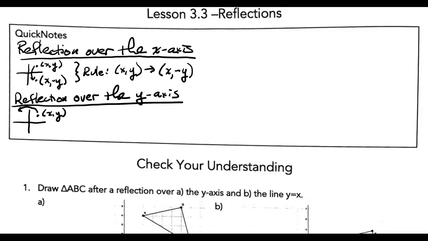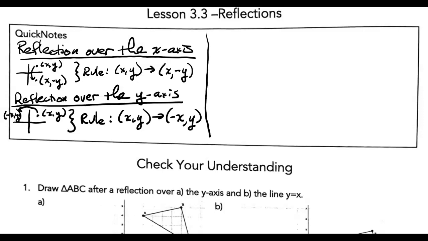Now we're going to flip it over to here, and you can see we're up the same amount this time, but now we're going from a positive x to a negative x. So we have negative x comma y. So now our rule for this one: our original x, y values become negative x, or the opposite of x, comma y.